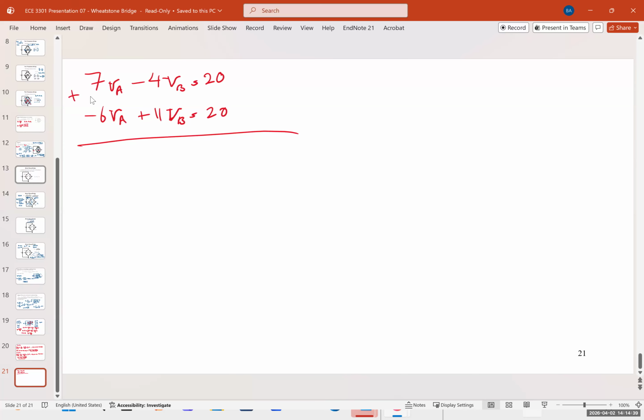What can we do? We can add them together. So this is one way to do it. Or we can subtract them from each other. Let's see which one is better.